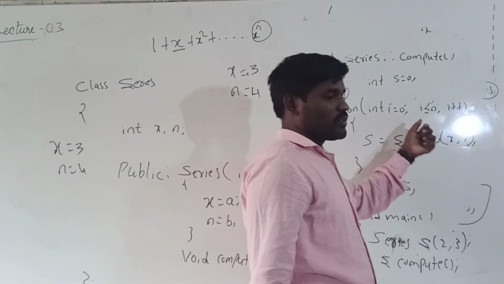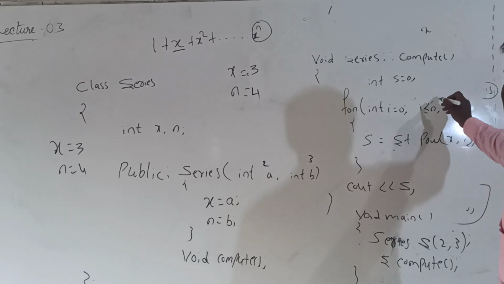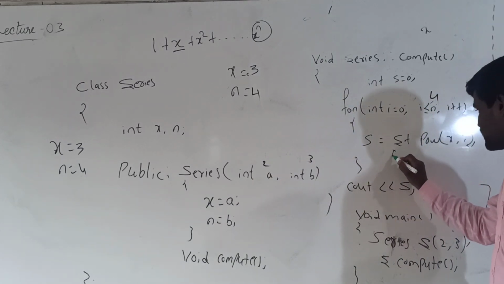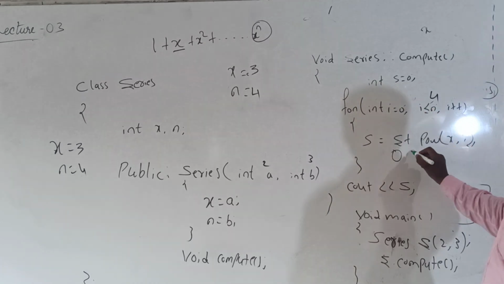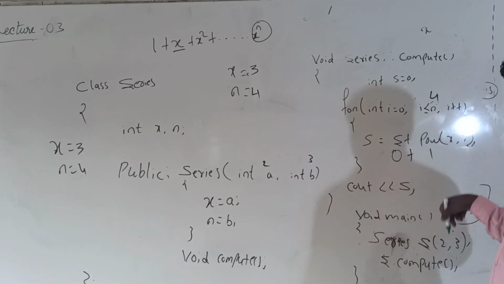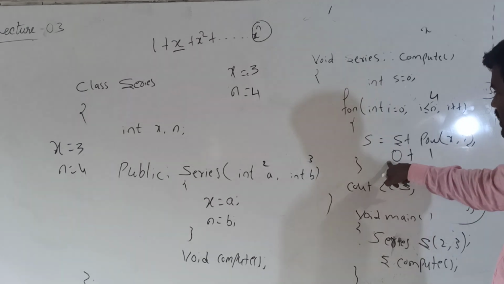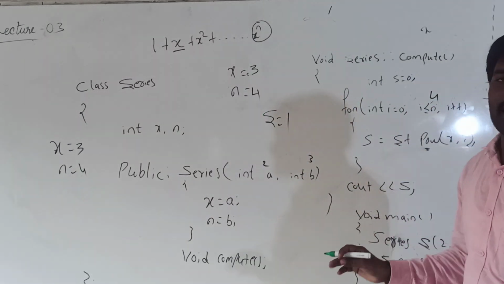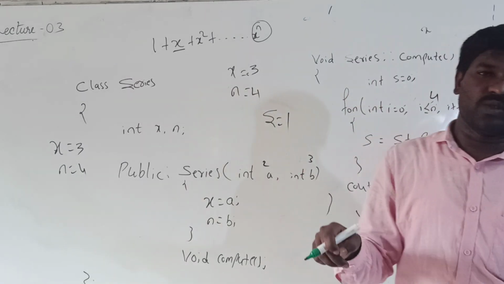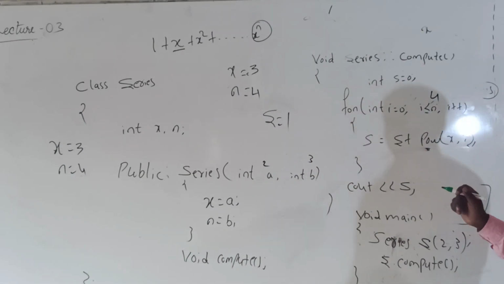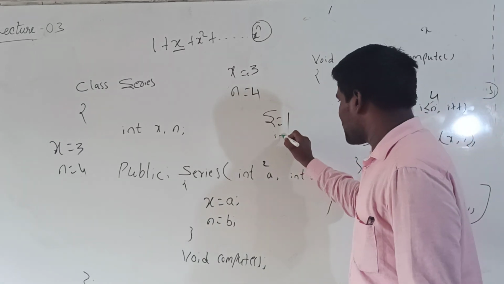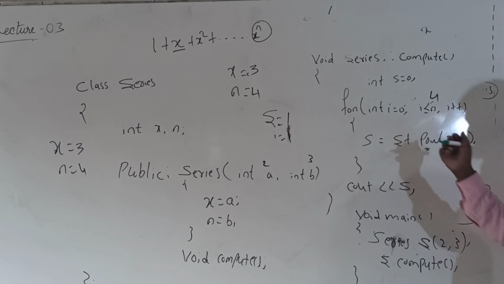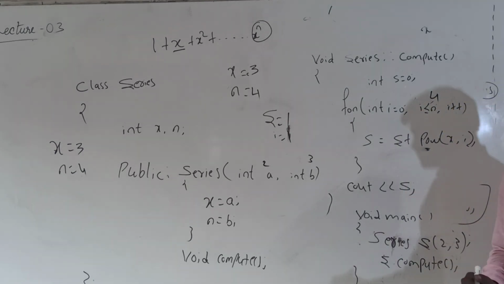Okay, i starts with 0, 0 is less than or equal to 4, condition is true. So initially s value is 0, 0 plus power of x raised to 0 is 1, 1 plus 0, 1 is stored in s. Initial value of s is 0, the present value of s is 1. Next i++, i become 1, because initially i value is 0, the present value of i is 1.